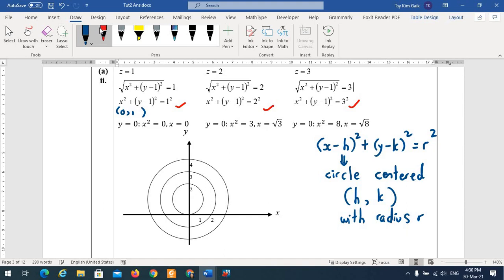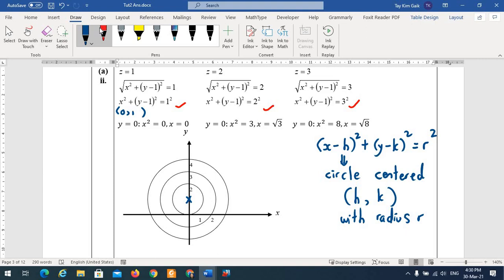It's all the same, only the radius is different. So here, this is a point where x is 0 and y is 1 unit. So the center of the circle is here, radius is 1. From here, 1 unit. That's why this point is actually 2 here.